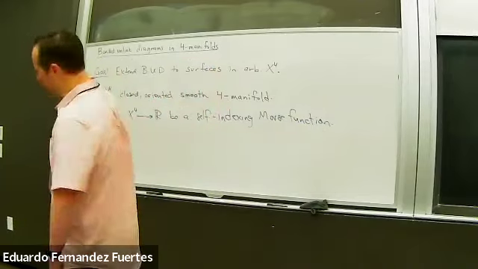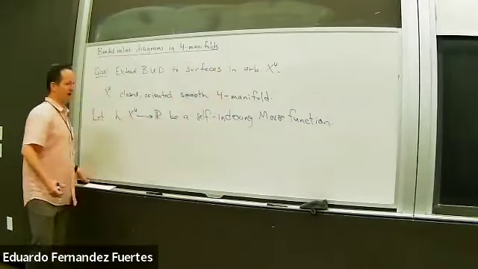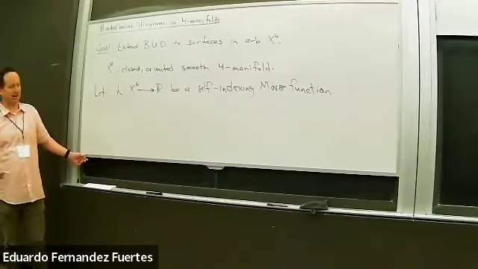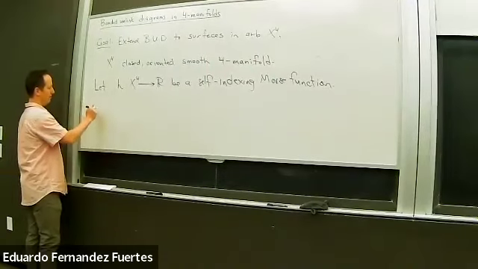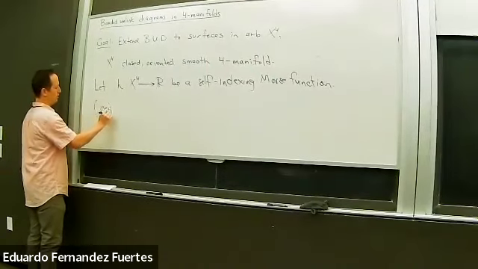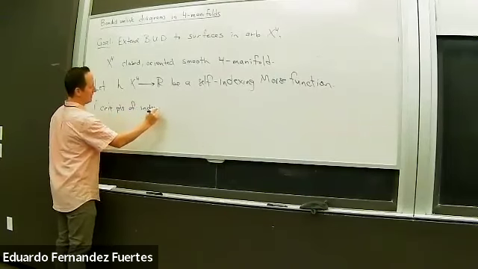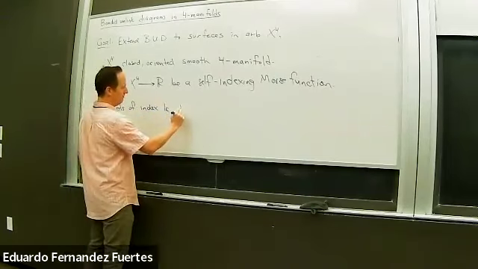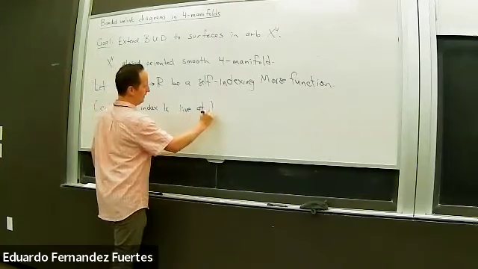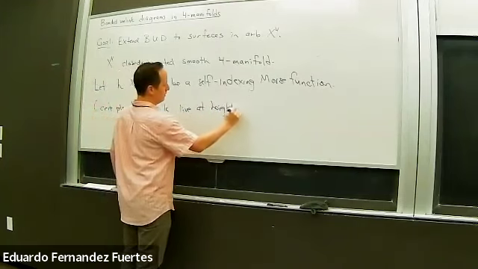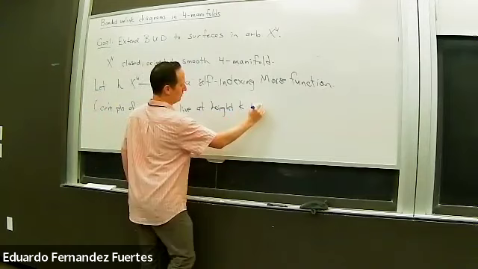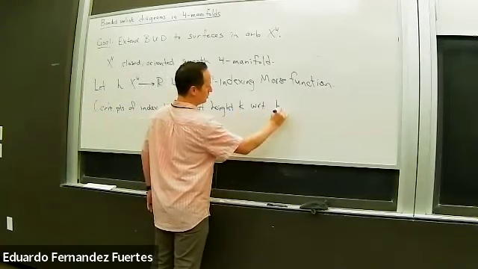I mean that essentially critical points of index K live at height K. So, critical points of index K live at height K with respect to H.